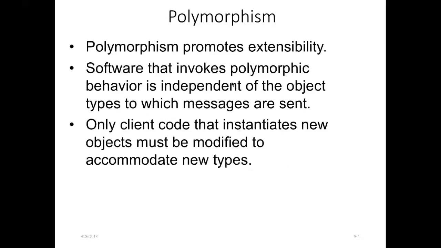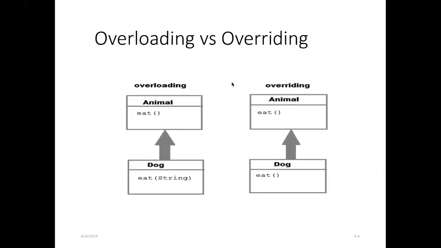Actually, what does polymorphism do? Polymorphism shows multiple role playing of an object. We will see how that is possible. The difference between overloading and overriding: overloading happens within the same class.